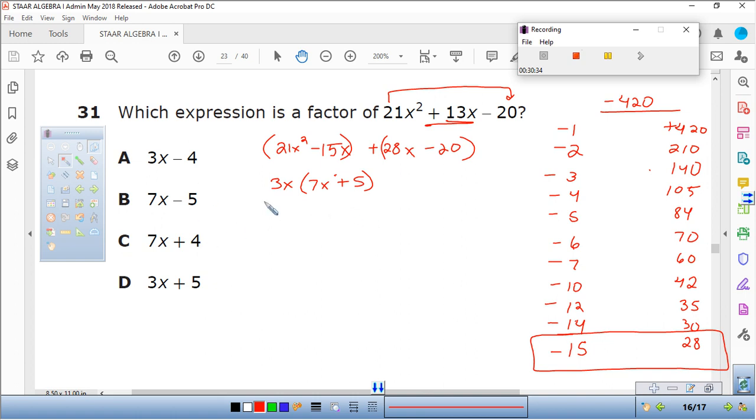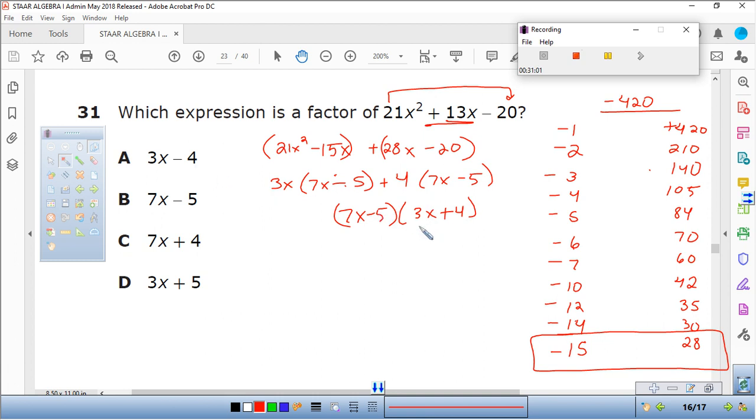Oh, I don't see it here. What could I factor out here? A 4? Gives me 7x minus 5. Okay, cool. So now with these two, I factor that out. 7x minus 5. I have 3x plus 4.